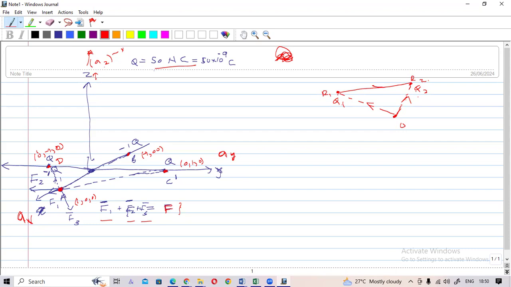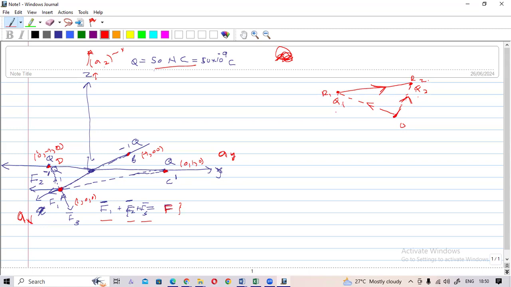So from here to here, there is another vector. That vector is in this direction. So this position vector is in this direction. This position vector is in this direction. So direction should be marked like this.